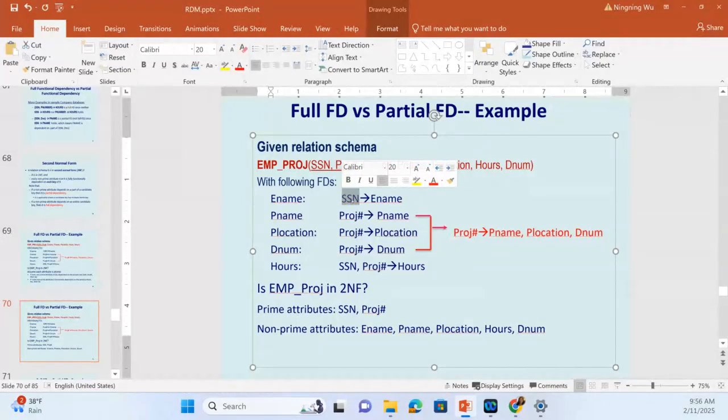Apparently, SSN is not the whole key, because the whole key is denoted here. It is SSN and project number together. So in this case, SSN is part of the whole key. So this functional dependency will be considered partial.